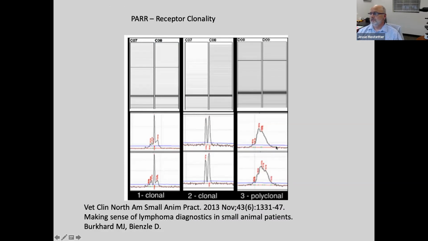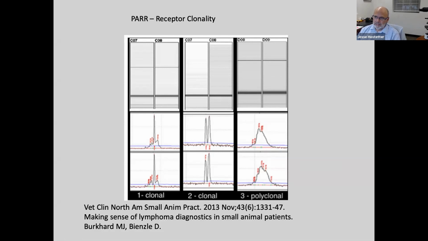This would be the readout you would get for inflammation, which is a broad curve showing a polyclonal population of lymphocytes, or polyclonal T cell receptors, and that's typical of inflammation. Whereas on this side of the image, you have a clonal population, and that is much more indicative of a neoplasm with one T cell receptor.